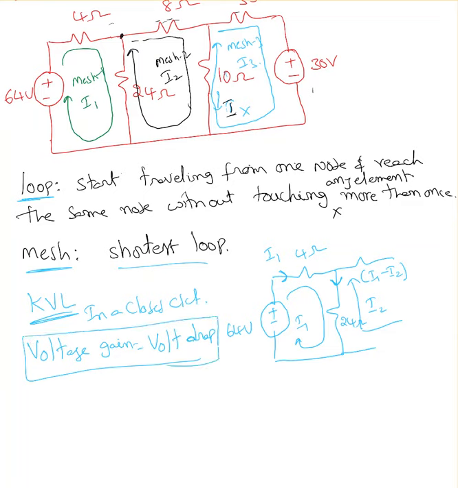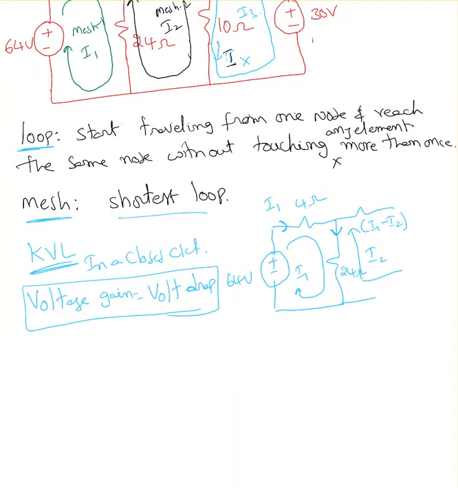That's the simple KVL equation. So if you look at this loop, in a closed circuit we're saying voltage gain equals voltage drop. Now, how do you know which one is voltage gain and which one is voltage drop? If current is entering the negative terminal, take that as a voltage gain. If current is entering the positive terminal, take that as a voltage drop.